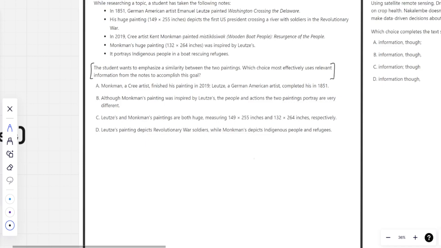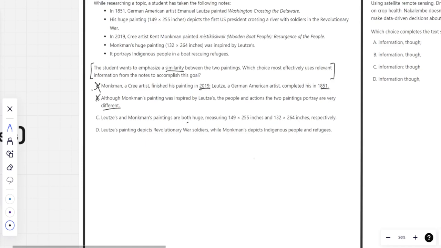Honestly, this one is simple enough that you don't even need to look at the notes, but I'll go back and forth anyways. A doesn't establish a similarity. There's actually a difference here, so I'd rule that one out. B also emphasizes a difference, so that doesn't make sense.